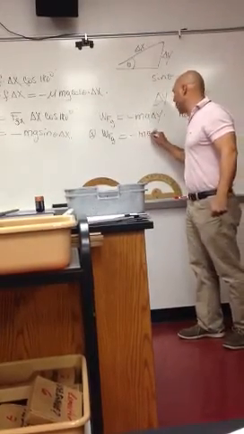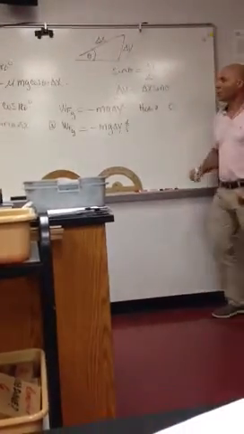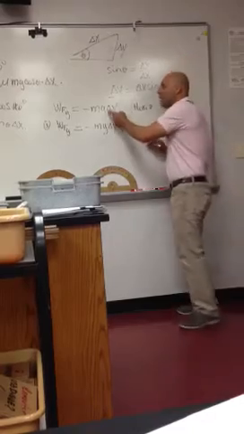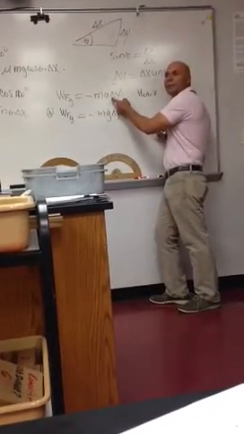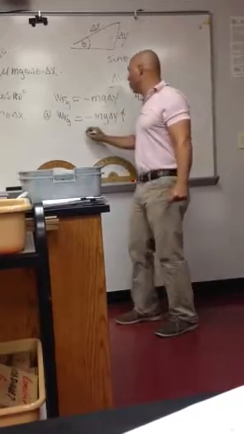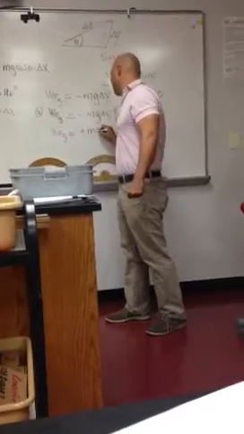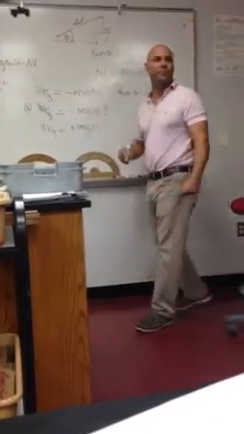So negative mg delta y going up. Going down, delta y is increasing or decreasing? So it will be decreasing. Negative times negative, what will be? So what will be the work done by the gravity? Going downward will be positive mg delta y, but it's the same formula.